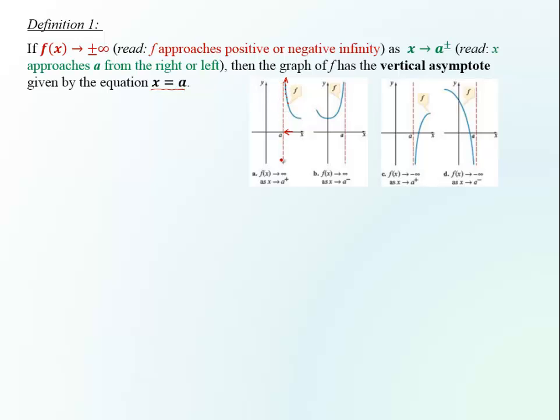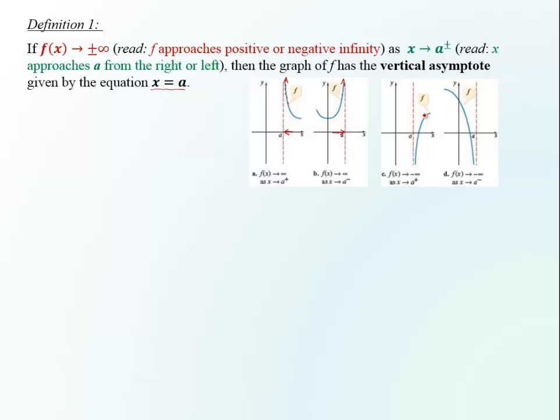Remember that an asymptote is a line, so it has its own equation, but this line is not a part of the graph. In the second example, we have a similar situation, but this time x approaches a from the left, and again the values of the function are running away towards infinity. That's why we have a vertical asymptote at the point a.